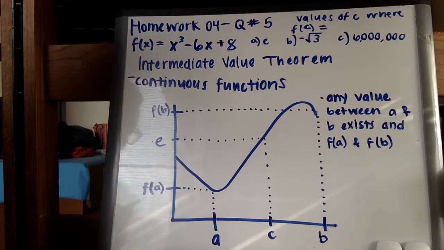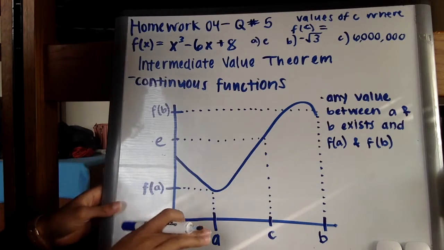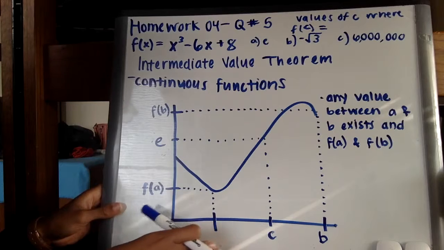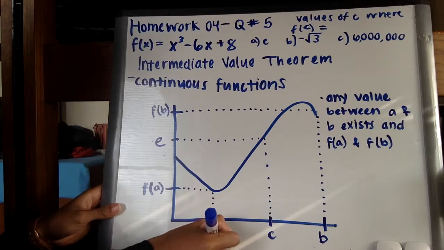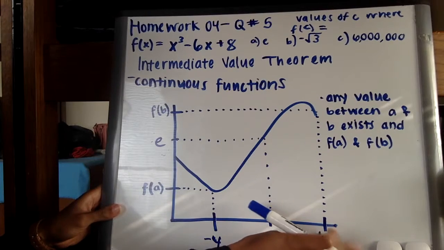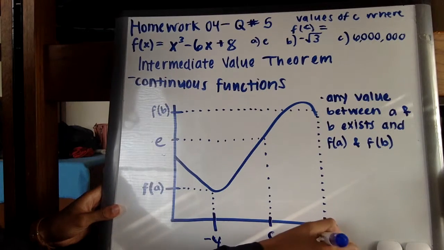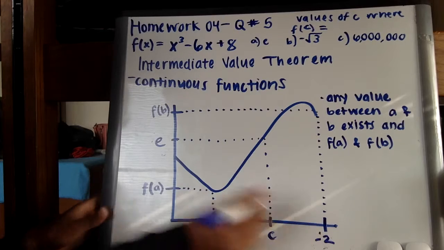Using trial and error, we're going to find f of negative 4. Over here we'll have f of negative 4, and on this side we'll have f of negative 2.